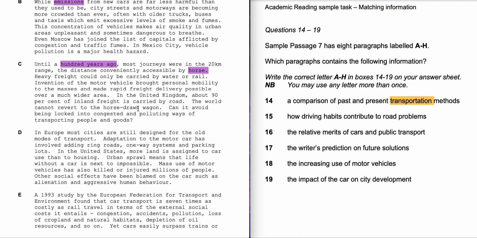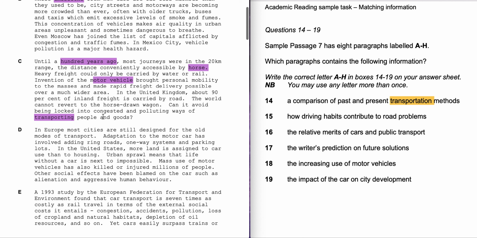And in order to be sure if this is our answer to the question or not, we can scan further, and as we're saying, information about motor vehicles, and further some information is related to transporting of people and goods, so about transportation. So basically this is the answer to the 14th question.